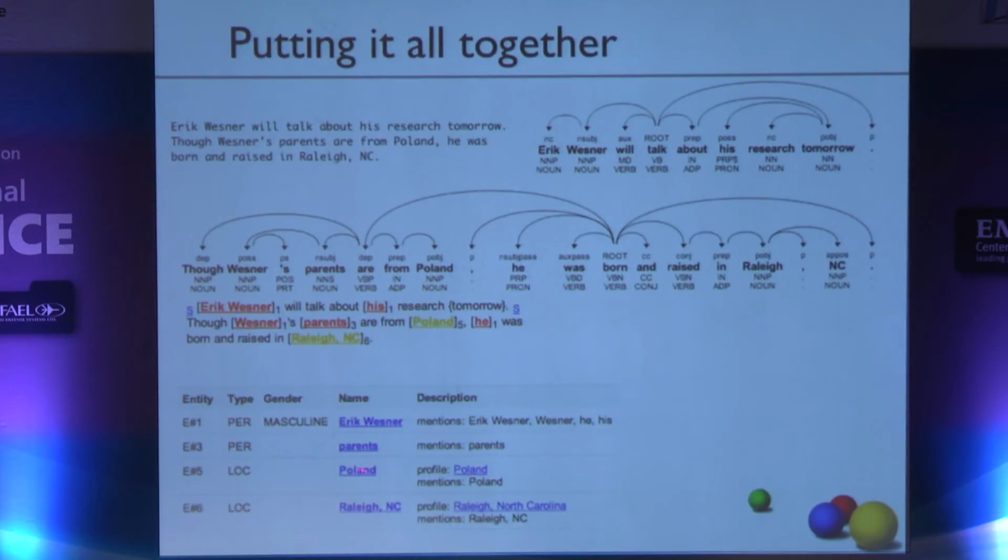There's a location, Poland, and we actually can link to the country Poland, and the town, a city, Raleigh, North Carolina, which we can also link to. This is a real example run through our real system, and we can do this kind of processing over very large masses of web text in multiple languages.